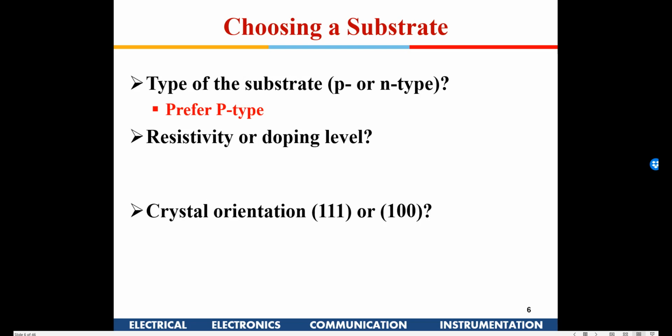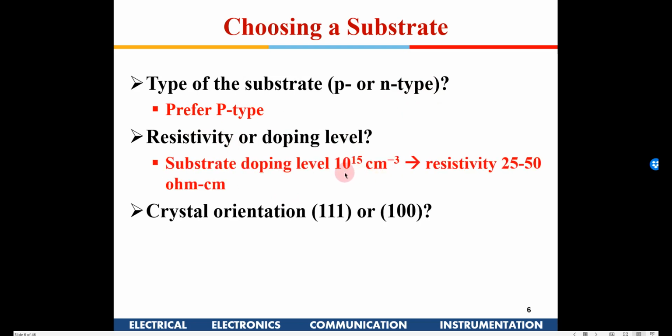For NMOS devices, we require a P substrate. Subsequently the PMOS came into the picture. Initially one or two generations of ICs were made of pure NMOS. So that is the reason we have a P-type substrate, and then we generally have substrate doping of the order of 10 to the power of 15 per centimeter cube.